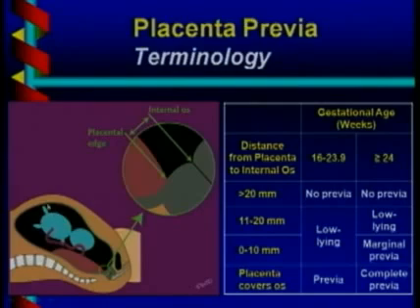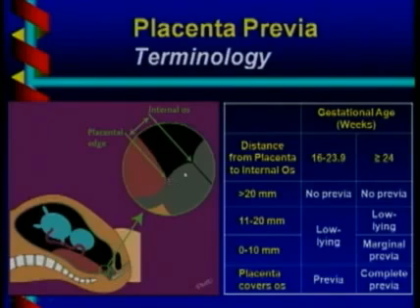There's the baby. The black is the amniotic fluid. There's the placenta. There's the cervix. What's key in terms of our diagnosis is a close-up view of this area, the relationship between the placenta and the cervix. So here it is blown up right over here on this image.